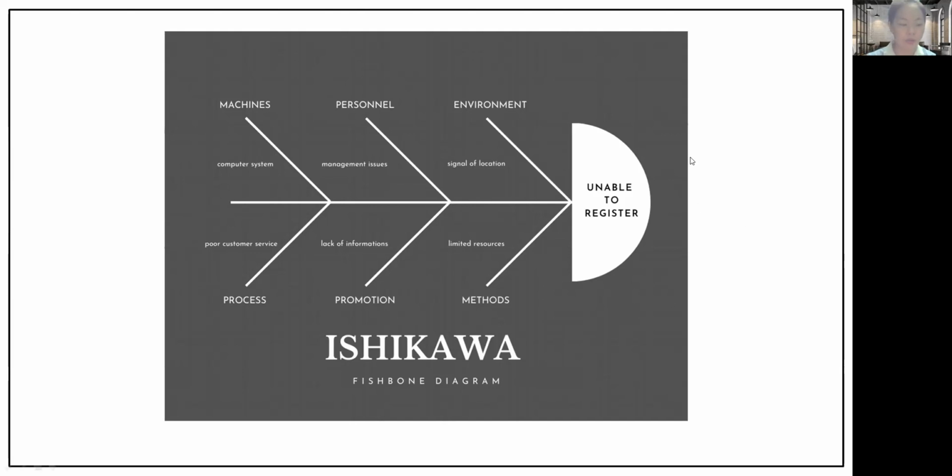Next is personnel. Under the personnel, we have the management issues. I've seen situations where the personnel in the enrollment aren't the best fit.